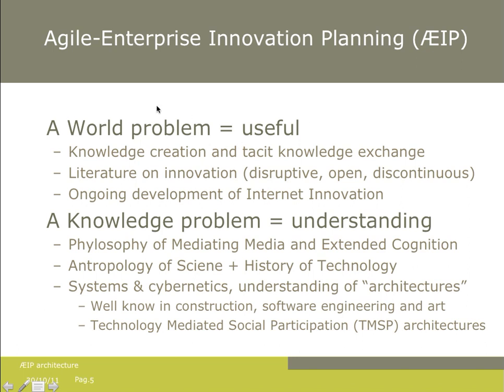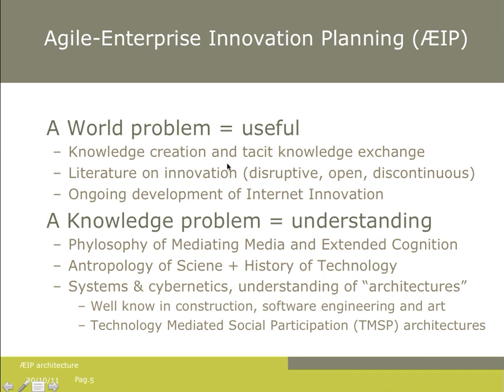So building an architecture. To understand how to do that, you need to know the design research method a little bit, and basically you can subdivide the design method in two things. There is a world problem which needs to be useful, and there's a knowledge problem, trying to understand the thing. For the world problem, we just saw knowledge creation and tacit knowledge exchange, like the Nonaka model.